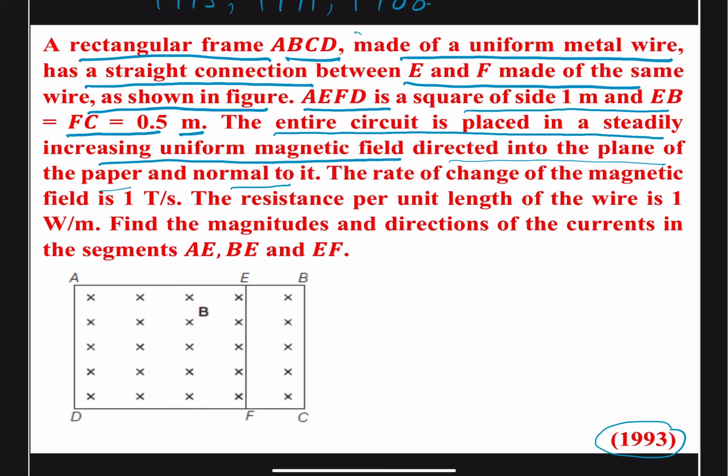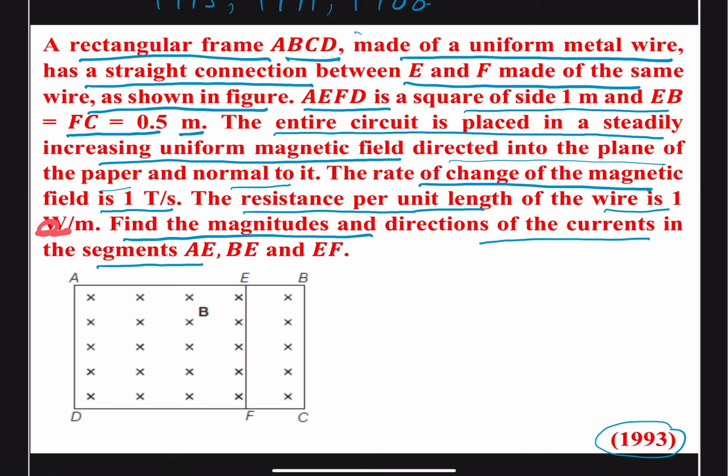The rate of change of magnetic field is 1 Tesla per second. The resistance per unit length of the wire is 1 ohm. Okay, so this should be ohm, not watt. Find the magnitudes and the direction of the currents in the segments AE, BE and EF.